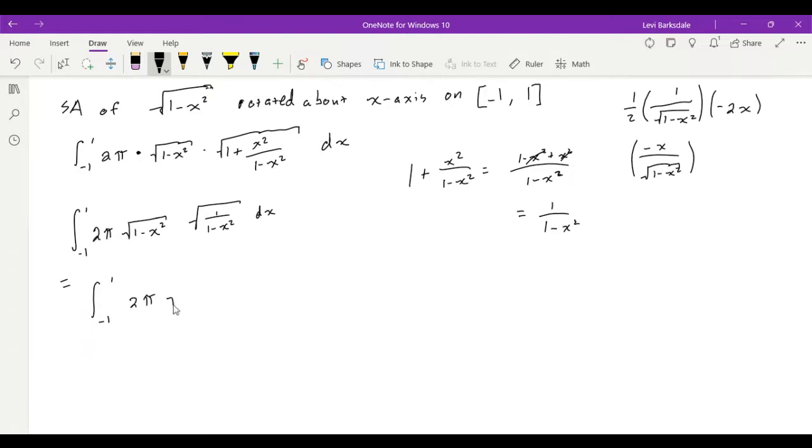Now when I continue to simplify, here I have square root 1 minus x squared. This actually turns into, I can take the square root of the top and the bottom individually. The square root of 1 is just 1, and then I have 1 over square root 1 minus x squared. Now I have square root 1 minus x squared times 1 over square root 1 minus x squared, and that cancels.